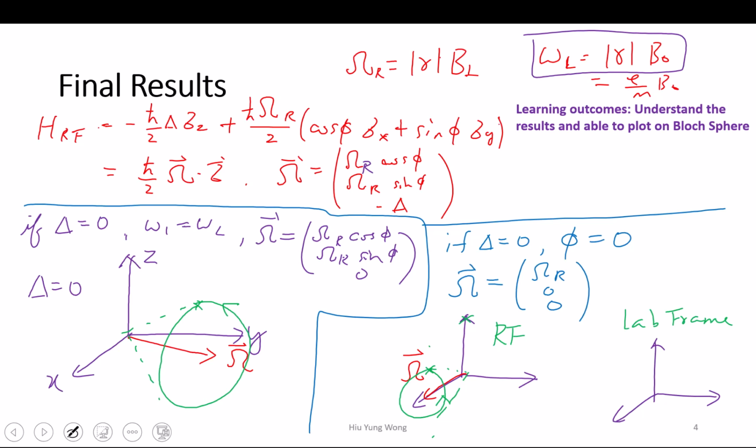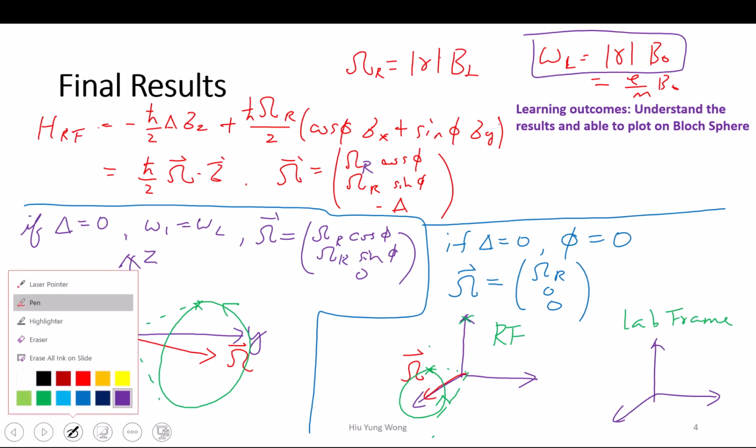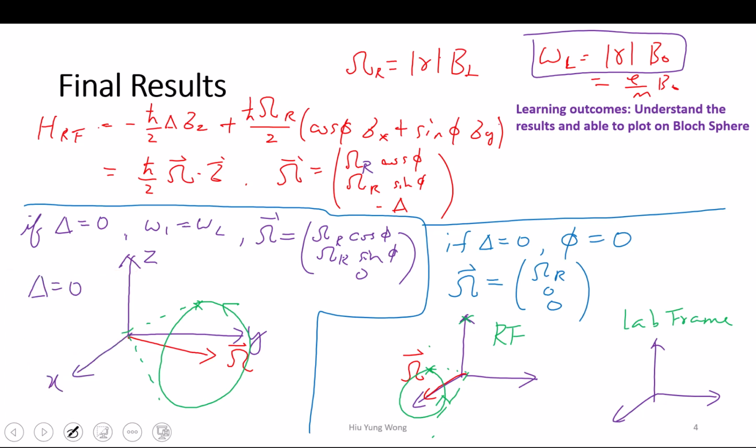So in reality, it's a little bit difficult to see, but because I start from here, you will actually not just be going down, you will be precessing down like this.